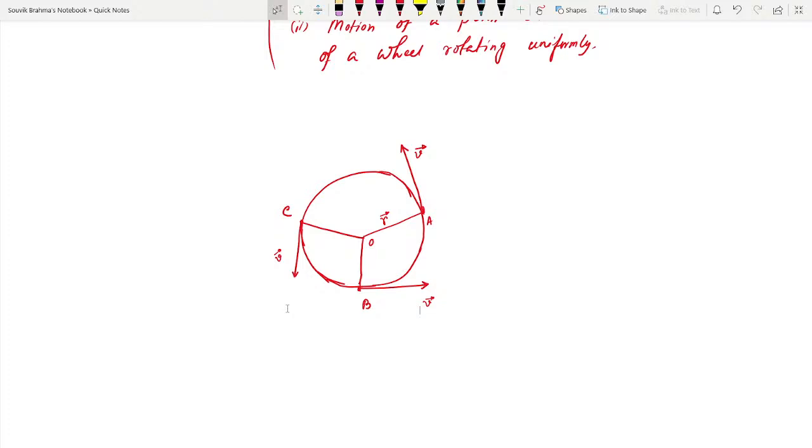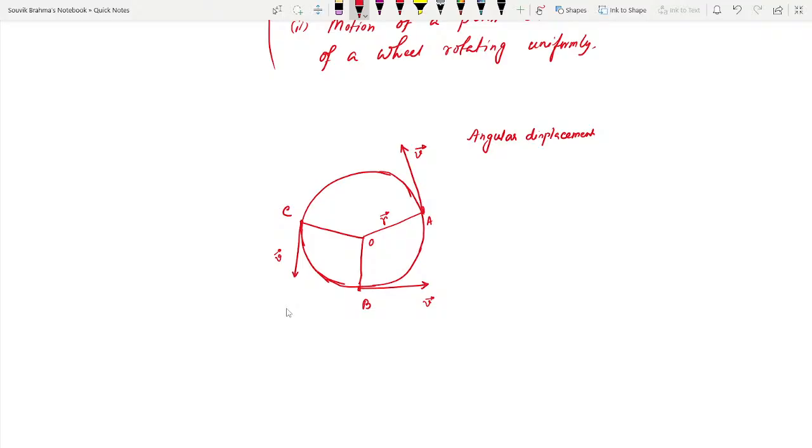Okay, now moving to the next concept. There are certain terms to define in this specific regime of motion, meaning uniform circular motion, a specific condition. So there are certain terms like angular displacement. What do you mean by angular displacement?